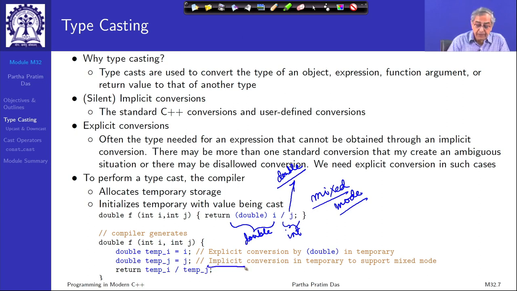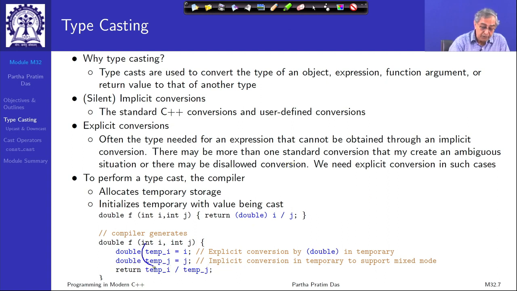So, it has to perform an implicit cast, an implicit conversion, but the same game is again involved, that it cannot keep that converted value in j. So, it needs another temporary variable, where it converts and keeps that value. Now, it has the original values explicitly converted and implicitly converted to two double temporary variables, temp I and temp j. So, it can jolly well go ahead and do a division, right, and return that result.